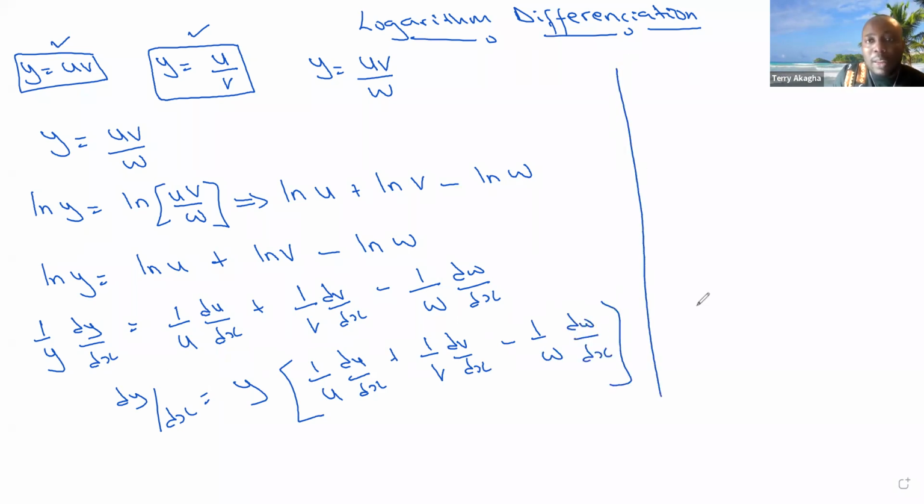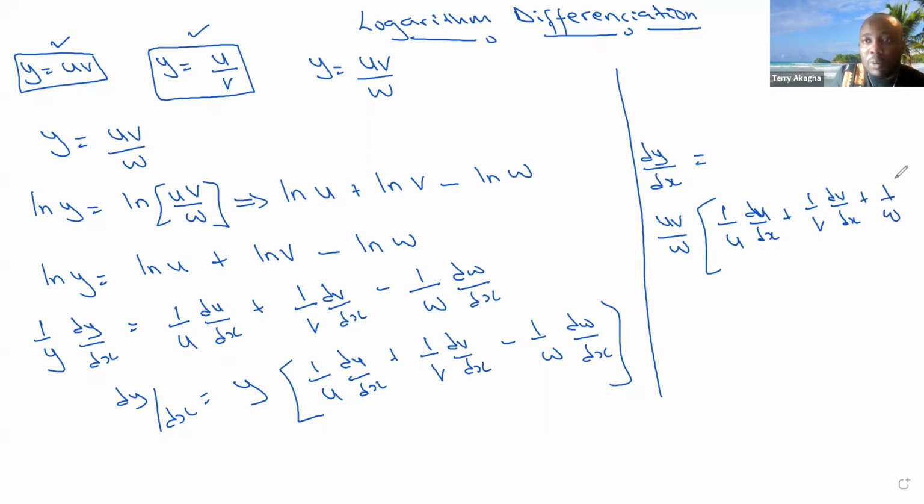But we already know that our y is uv over w. So you can say dy over dx will be equal to y, which is uv over w, multiplied by everything here: 1 over u, du over dx, plus 1 over v, dv over dx, minus 1 over w, dw over dx. That is that for that.